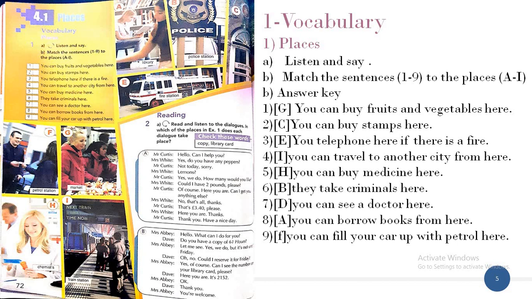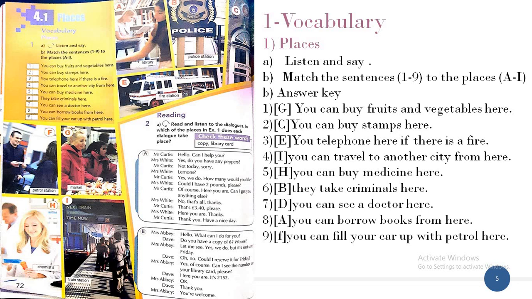7. You can see a doctor here. So where? Good. It's picture D. Hospital. 8. You can borrow books from here. Picture A. Library. 9. And the last sentence.